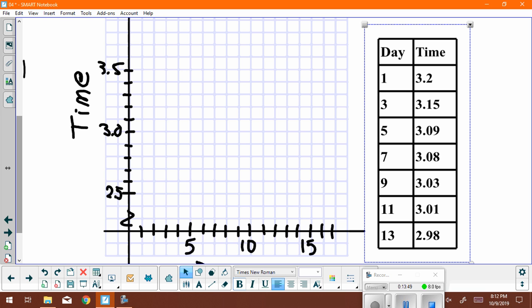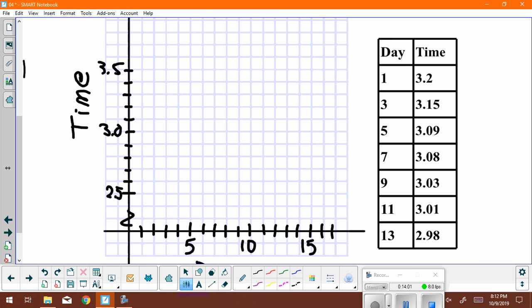Because they're all in a pretty tight range, I set up my scale to reflect that. I have a jump at the bottom. This little zigzag means I'm jumping, and you can see we're starting at 2.5 and then just going up to 3.5.